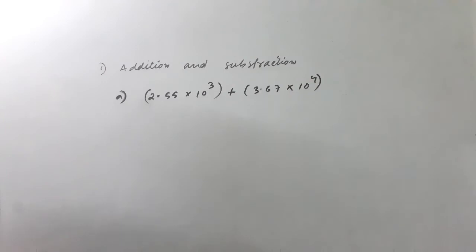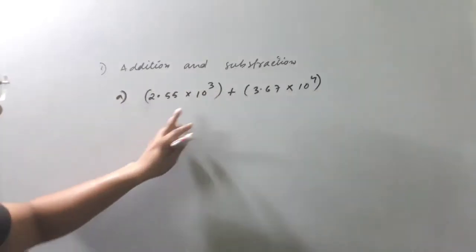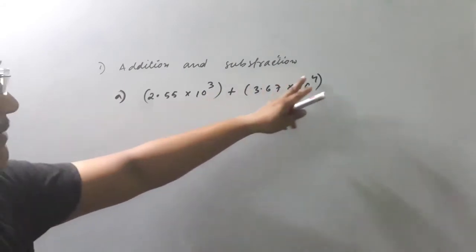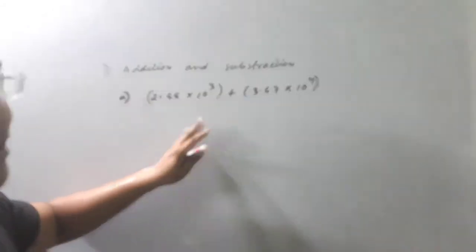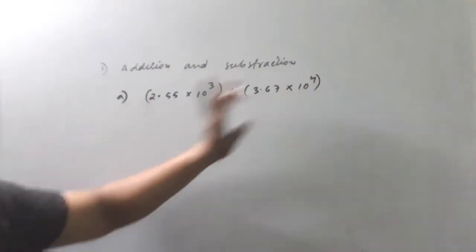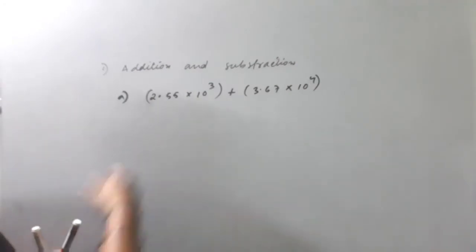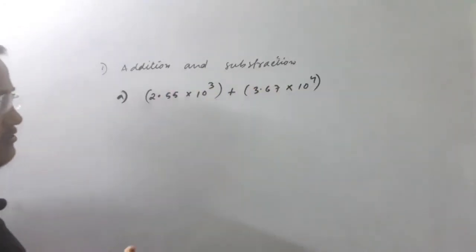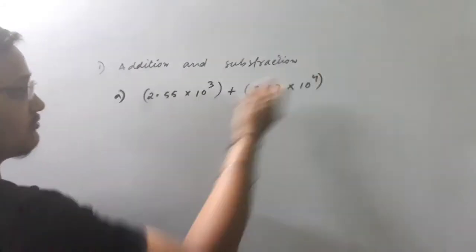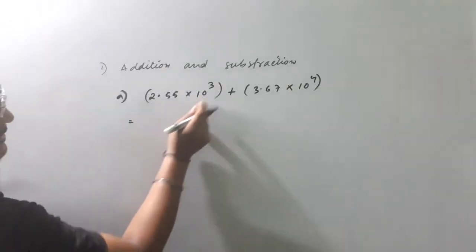Now these two particular numbers can be easily added, but as the 10 base has different power values, they can't be added, right? So what we have to do is either make this 10 to the power 3 into 4, or make this 10 to the power 4 into 3. You can do both, okay? You can convert this 3 to 4, or you can convert the other one. So let's make it 4, okay?